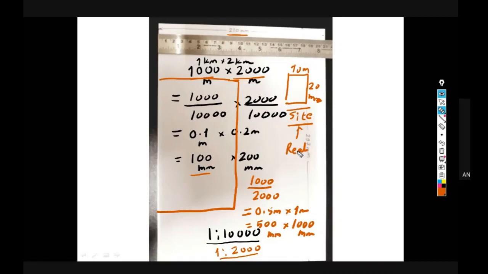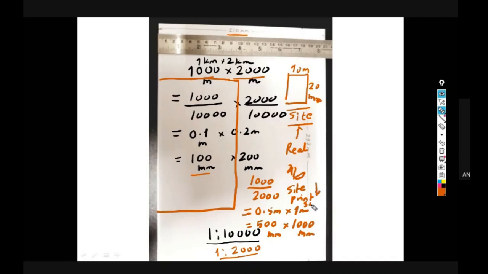That means the AutoCAD screen is an almost infinite space. I'm not saying exactly infinite. What we do in AutoCAD is draw to the site scale, and whenever we print on paper, we give a scale to the print.